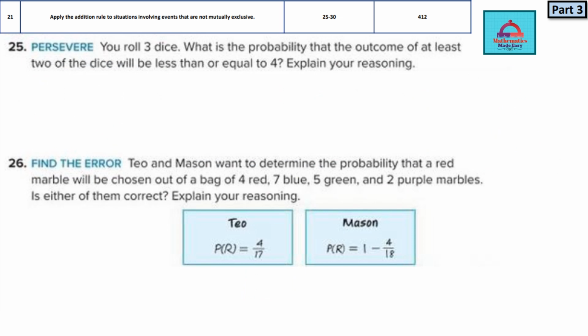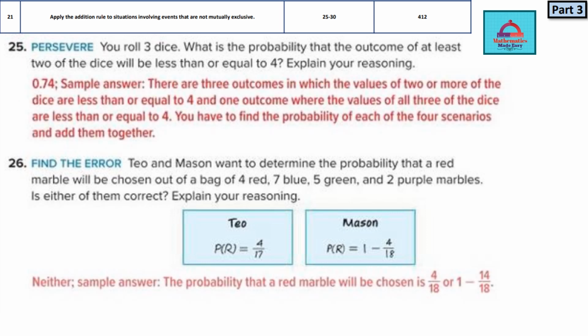So now I'm going to show you the correct answers for learning objective 21, question 25 and 26. So as we have already discussed, in question 26, neither of them is correct because the probability that the red marble will be chosen is 4 over 18, which none of them have got. Okay.